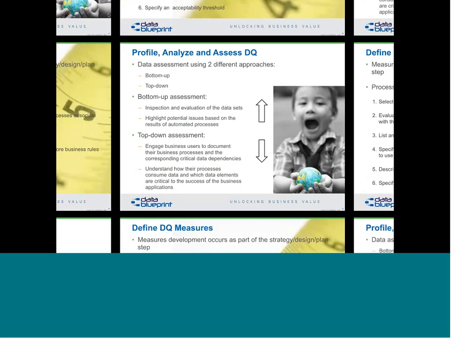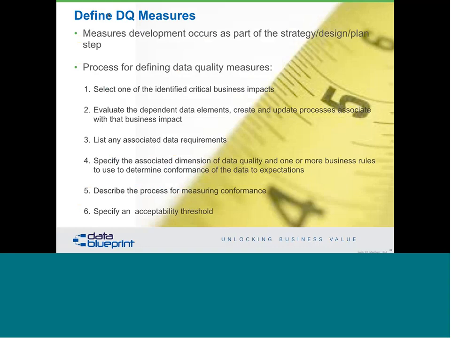When I have this information, I can then start to define specific measures. The process for defining the data quality measures then is to select one of the specific impacts and evaluate whether the dependent data elements create, update, read processes that are associated with that specific impact, listing any requirements that are there, and then making sure those are actually followed.